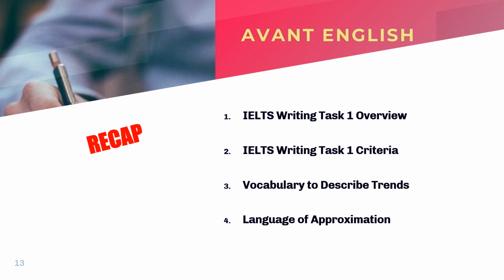The writing task 1 criteria: make sure that your paper has few grammar mistakes, it's understandable, you use good vocabulary, learn and use this vocabulary that we just went over for the approximation and also for describing trends. Number 3, the vocabulary to describe trends. And finally, number 4, the language of approximation.